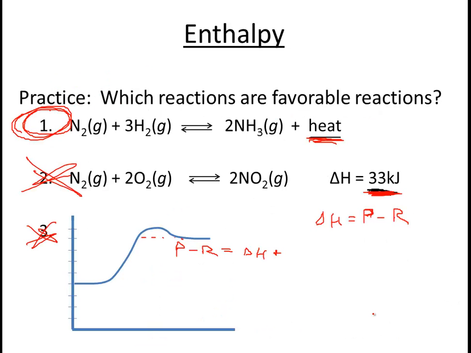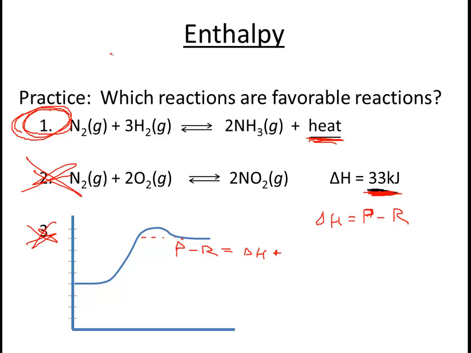So here are some examples. Practice which reactions are favorable reactions. So N2 plus H2 goes to ammonia plus heat. Now this is showing that heat is on the right side of the equation. It's giving off heat. Remember, reactions that give off heat are exothermic.